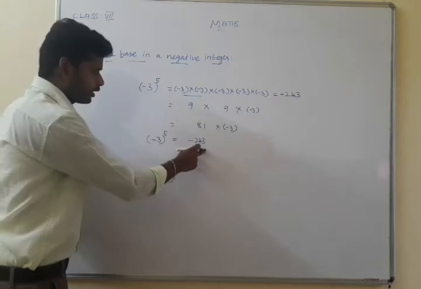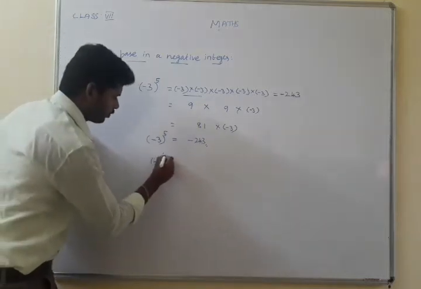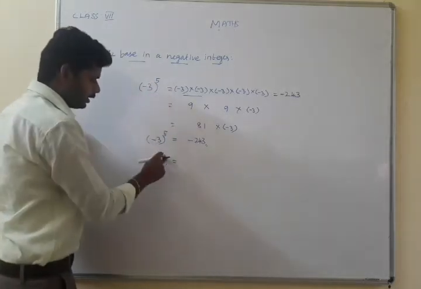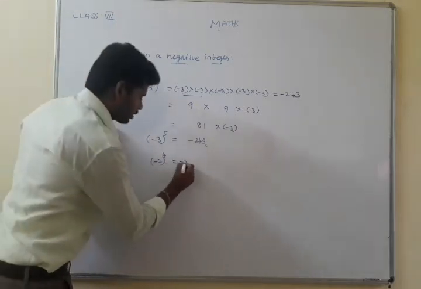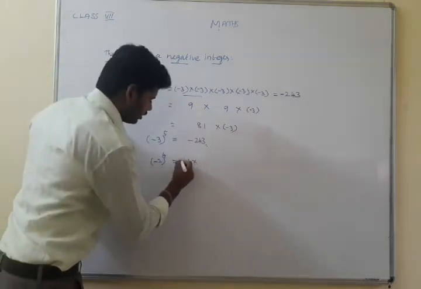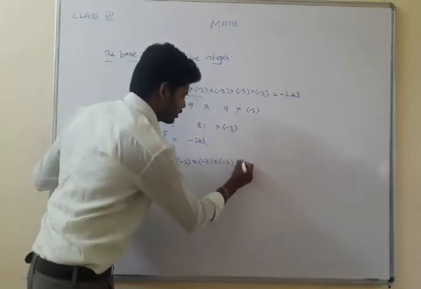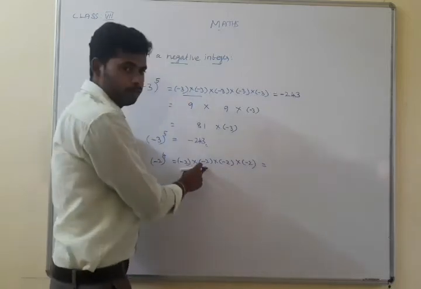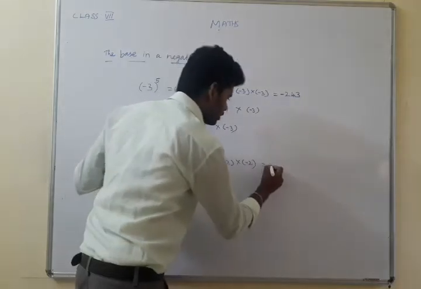So minus 3 power 5 is minus 243. Another one, minus 2 power 4. Here the power is an even number, but the base is negative. Minus 2 into minus 2 into minus 2 into minus 2. 2 2s are 4, 4 2s are 8, 8 2s are 16.